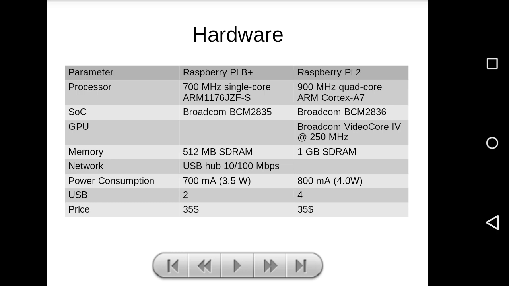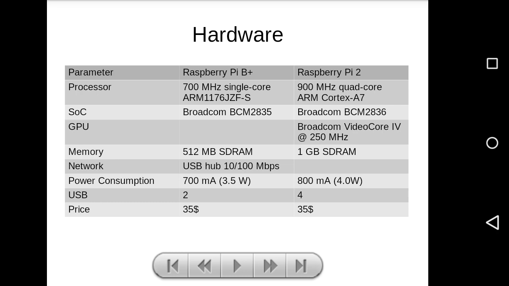And on the USB ports, there is a mistake here. Both the Raspberry Pi B Plus and Raspberry Pi 2 have four USB interfaces. I used, I think, the previous version of Raspberry Pi. I have that one, which had 256 MB RAM, and it is the 2012 version.